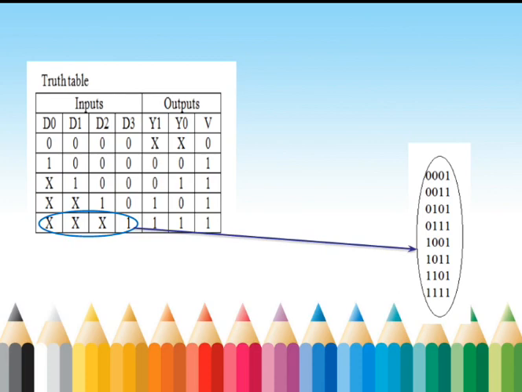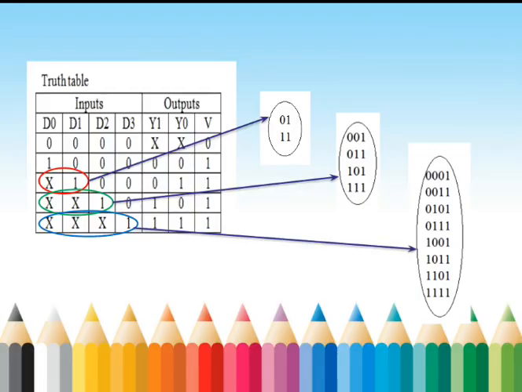The possible combinations for enabling D3 regardless of the other inputs are encircled here, that is 0 0 0 1, 0 0 1 1, 0 1 0 1, 0 1 1 1, 1 0 0 1, 1 0 1 1, 1 1 0 1 and 1 1 1 1. So this is the truth table for a 4 to 2 priority encoder circuit.